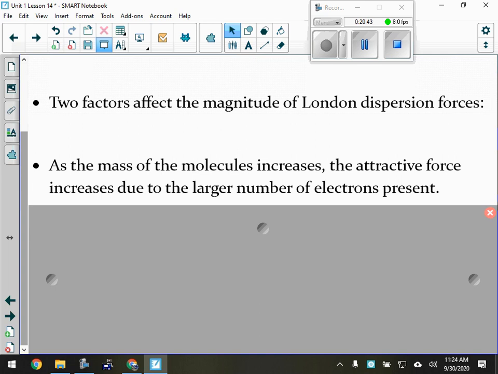But before you start writing, I need to switch this. I'm going to put here number of electrons. I think that's better. The attractive force increases as the number of electrons of the molecule increases.